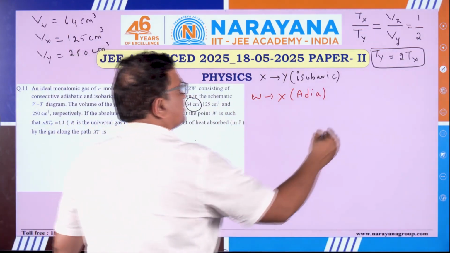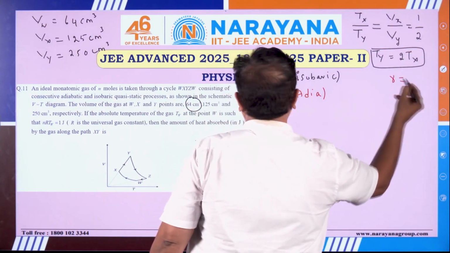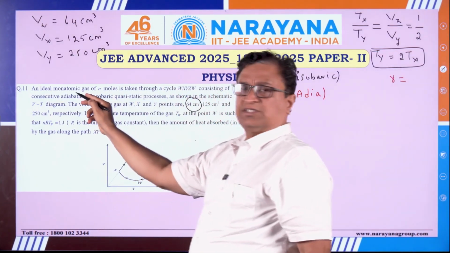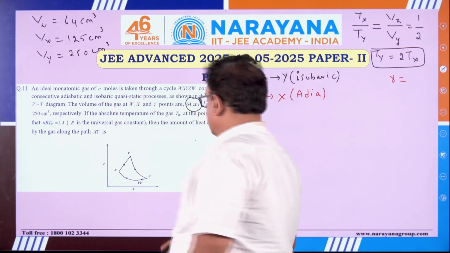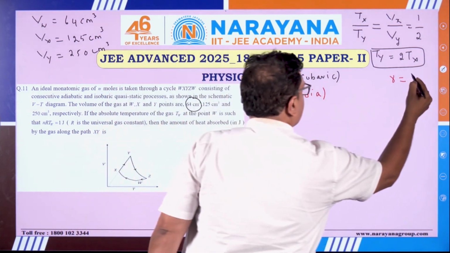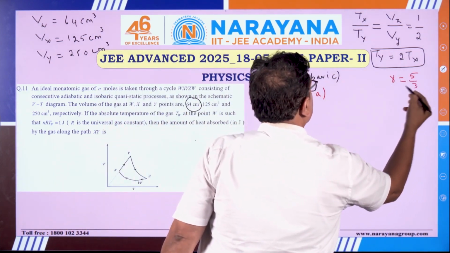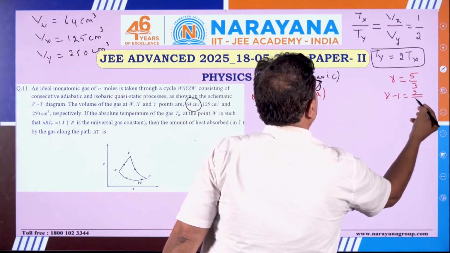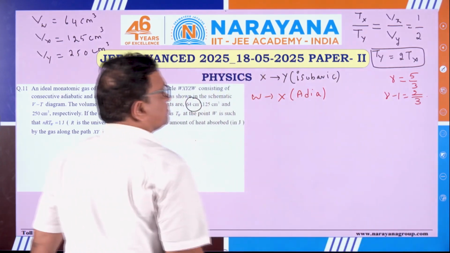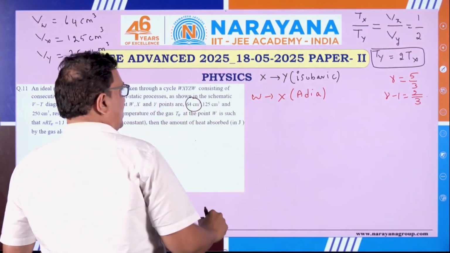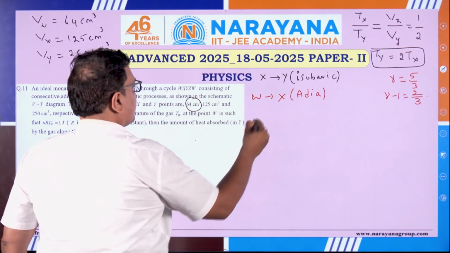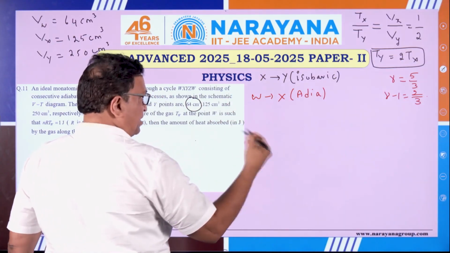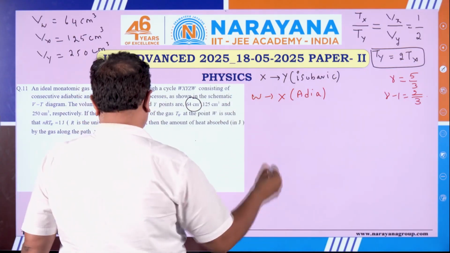Here gamma is, what is the gas? The gas is monoatomic. So gamma is 5/3. Gamma minus 1 is 2/3. So if I compare pressures, temperature, TV^(gamma-1) is equal to constant.